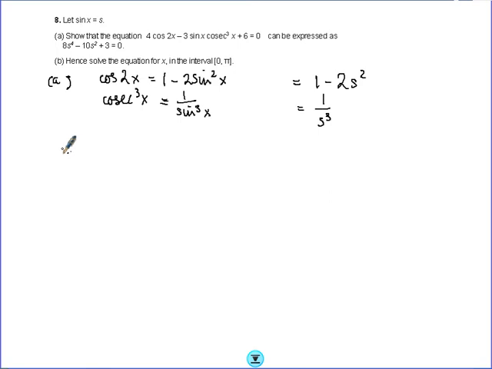So our equation that we started off with, 4 cos squared, becomes 4 brackets 1 minus 2s squared, minus 3, s for the sine x and 1 over s cubed for the cosec cubed, plus 6 is equal to 0.